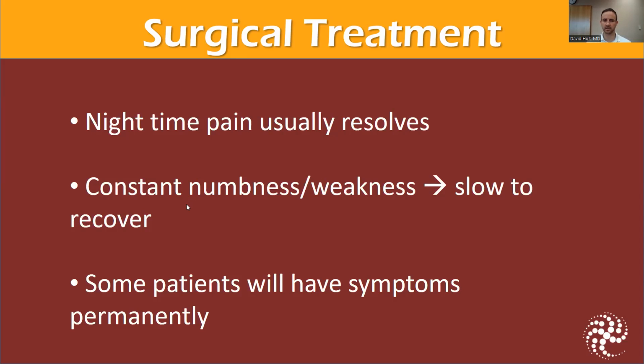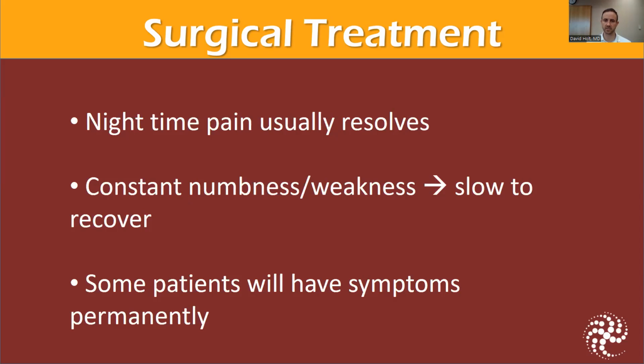Patients, if you have had constant numbness, numbness that persists, that doesn't go away, doesn't just come at night or with activity, but is persistent numbness that you've had for months or years, you've developed weakness, you have that atrophy, that wasting of the muscles, a lot of that will be very slow to recover and at times does not recover completely. That's what our nerve test can help to determine.